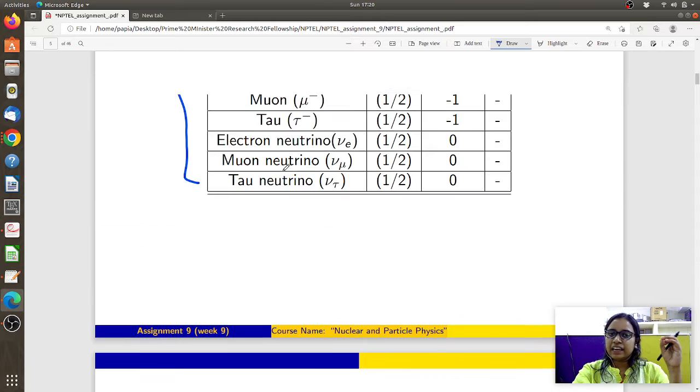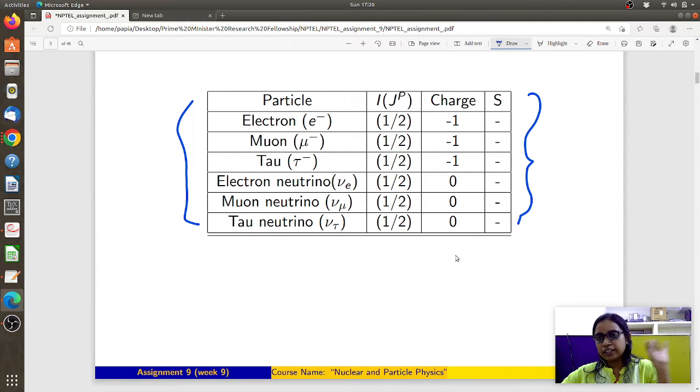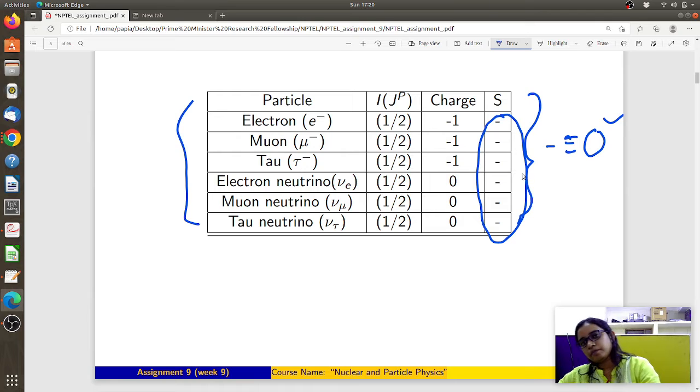You can see in the table that all the leptons do not have a strangeness number, because leptons are not strange particles, they do not have any strangeness quantum number. That's why all the leptons have 0, which is equivalent to a 0 value of strangeness number.